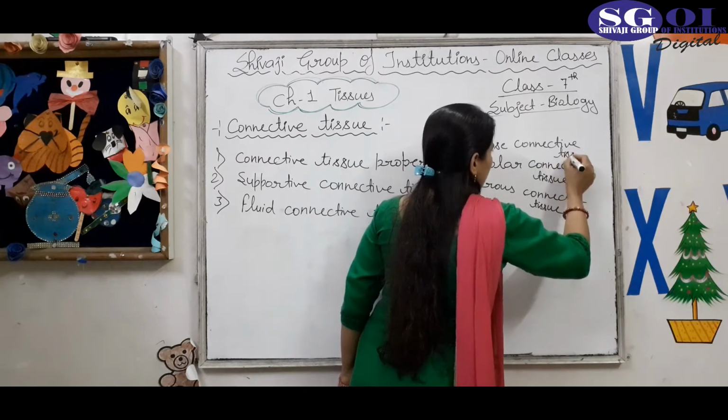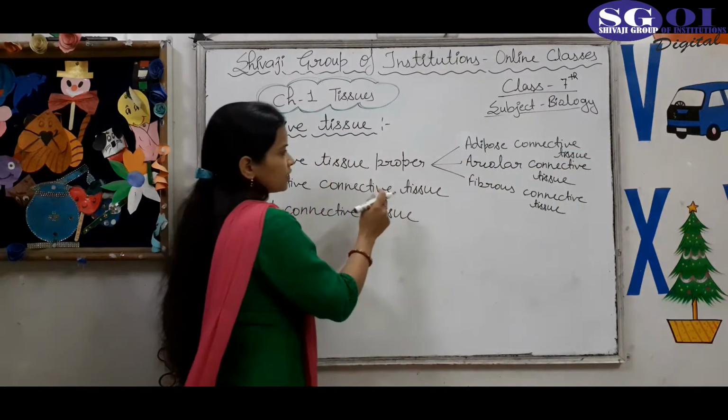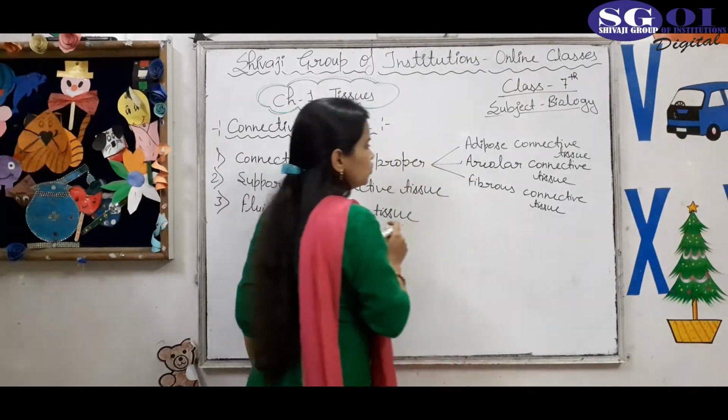So there are three types of connective tissue proper: adipose connective tissue, areolar connective tissue, and fibrous connective tissue.